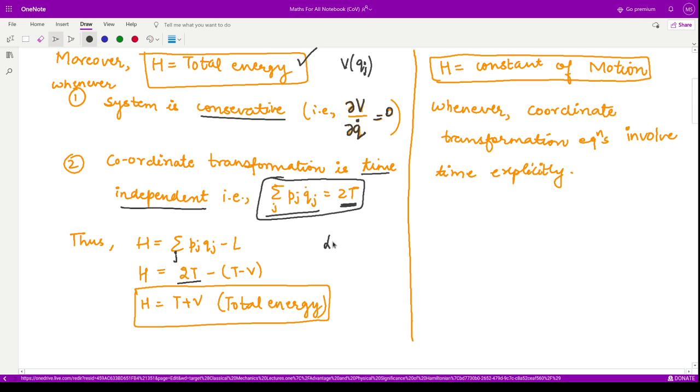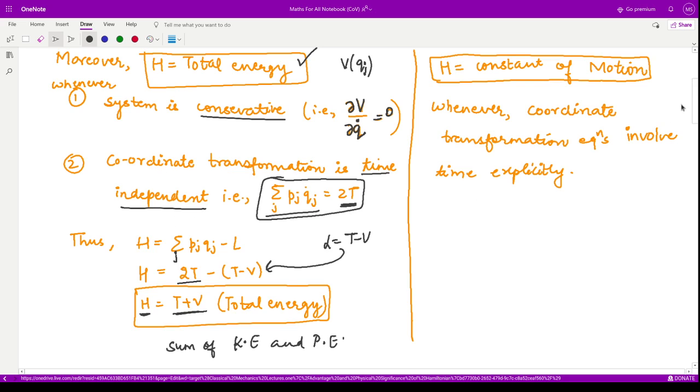And what is L? We know it is T minus V, the difference of kinetic energy and potential energy. Let us substitute this over here. From here we get that H represents the total energy of the system, that is, the sum of kinetic energy and potential energy, provided the system is conservative and the coordinate transformation is time independent.